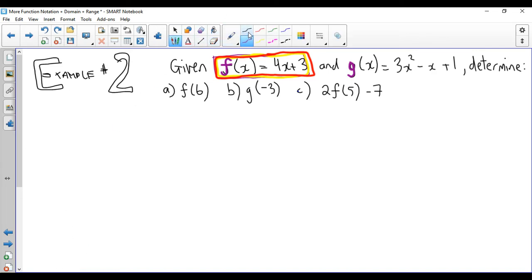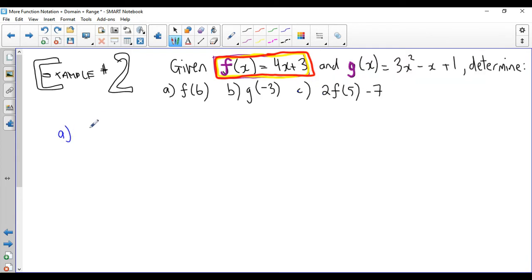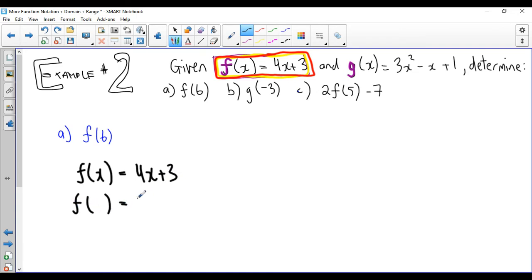So again, we're just going to practice some more questions that are very similar to what we did in the last one. So here I have f at 6. All right, cool. Now what am I going to do? I'm going to take my function, f of x, which is 4x plus 3, and then wherever I see an x, I'm going to plug in 6. That is 6 and that is 6.